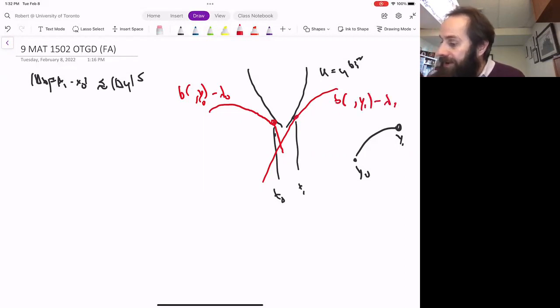It touches here. And then the idea of the proof was we look on the line segment joining x0 to x1, and we find the point, I think I called it x2, where these two things cross, and we normalize this to happen at height 0.